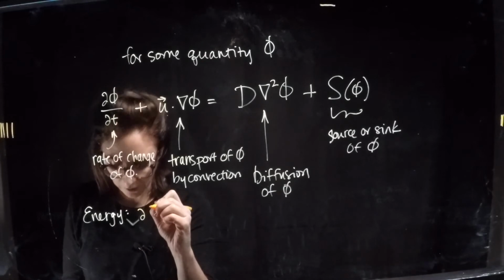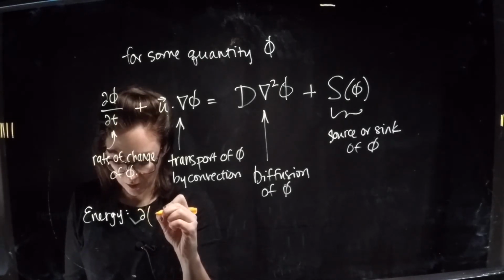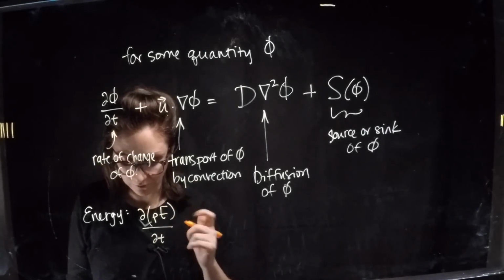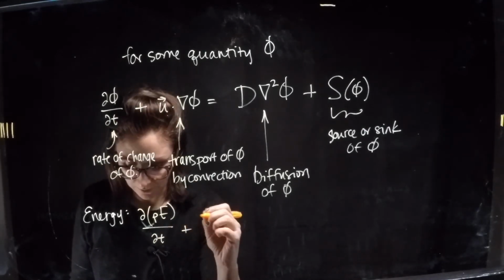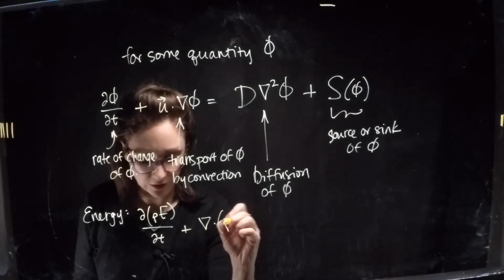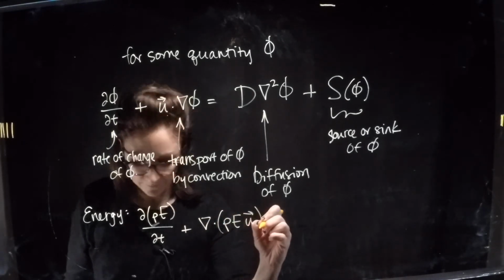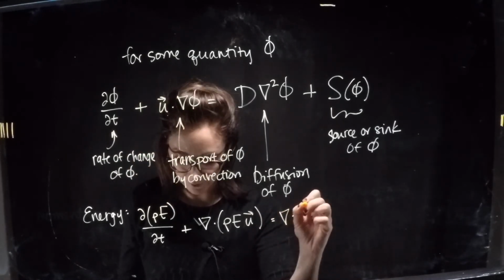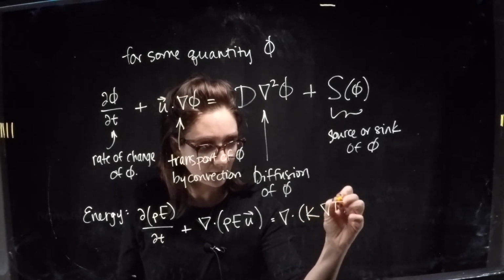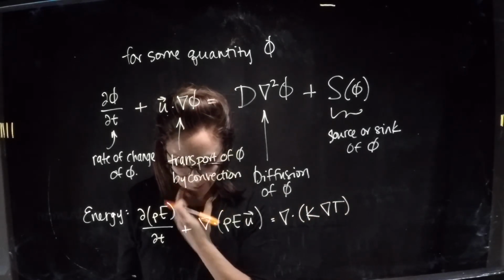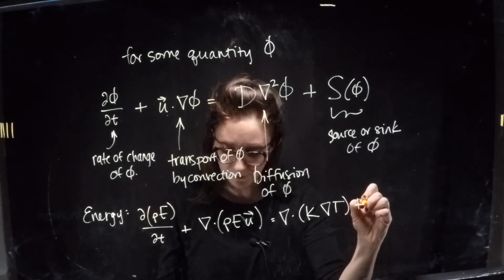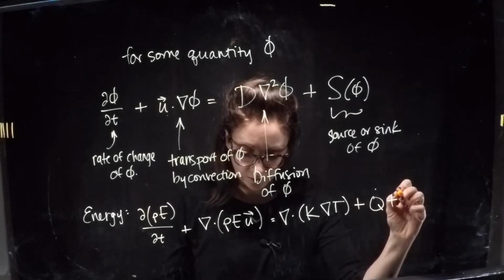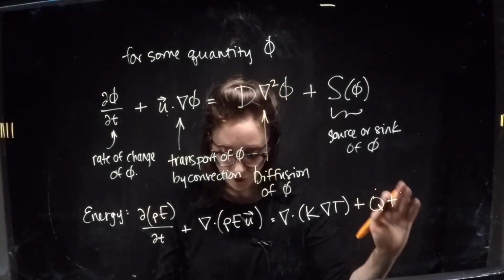Okay, so here we've got our time derivative of the total energy, so how our total energy is changing over time, plus our convective transport of energy, and that's equal to our diffusion of heat plus a heat source plus our work of pressure and viscous heating.